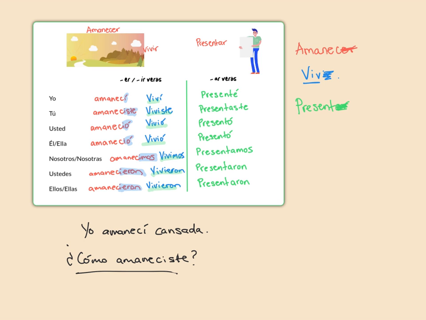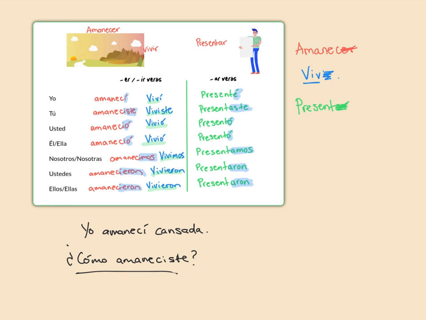We have yo presenté, tú presentaste, él presentó, usted presentó, nosotros, nosotras presentamos, ustedes presentaron, ellos o ellas presentaron.